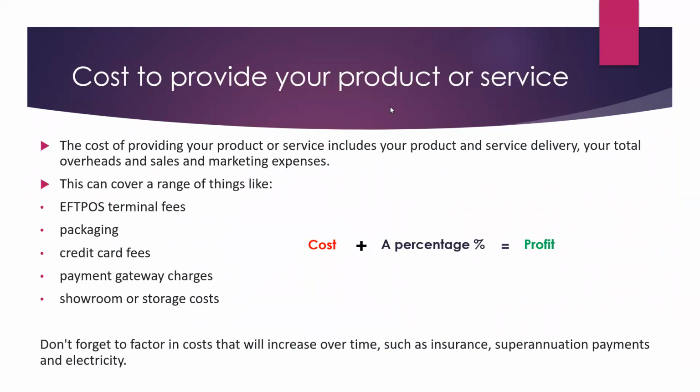Now, cost to provide your product and services. When you look at the cost, you need to see how much it costs you to deliver it, the overheads, the marketing expenditure. So let's say you've got a product and it costs you $10 to buy the material and another $20 to put it together. So it costs you 30.